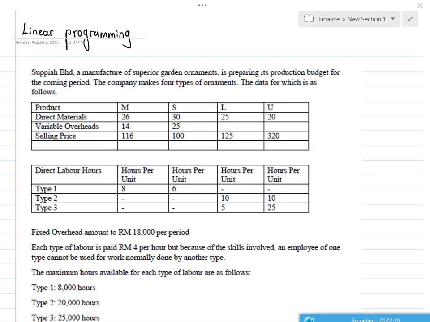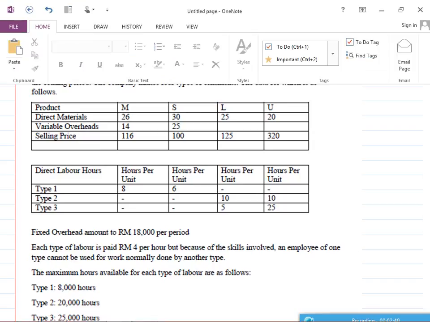Then you have direct labor hours. You got 3 types of labor hours, type 1, type 2, type 3. And then you have a fixed overhead amount, 18,000 per period. Per period means for one year. It's already for 1 year, so just put a note over there.